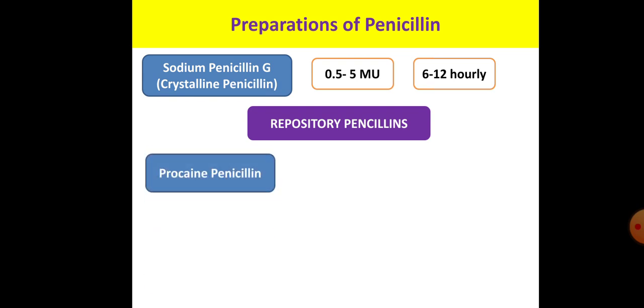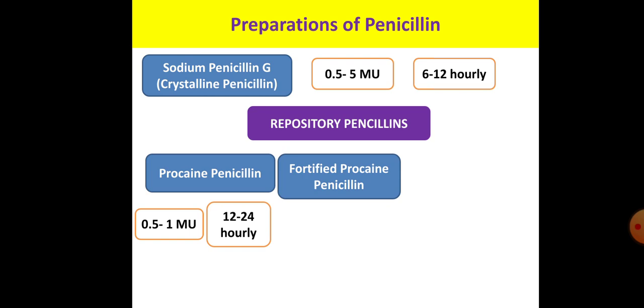The first and foremost is procaine penicillin. Procaine is added to slow the release of the penicillin, and because of this we can somewhat prolong its duration of action, and the dose is 0.5 to 1 mega unit 12 to 24 hourly.